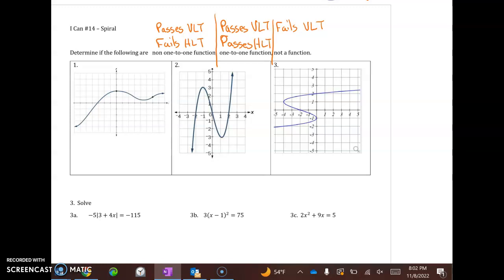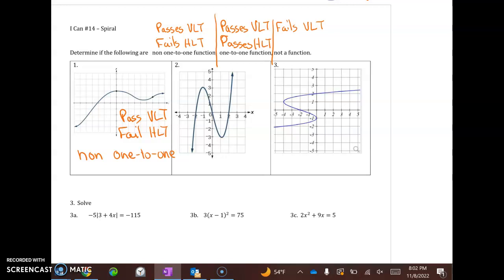So looking at number 1, it is passing the vertical line test, but it is going to fail the horizontal line test. So it's going to pass my VLT, it's going to fail my HLT, which is just going to make this non-one-to-one.